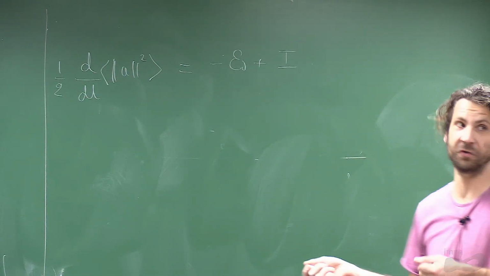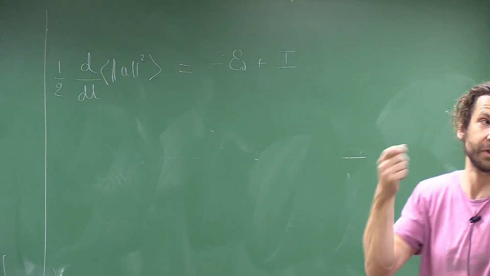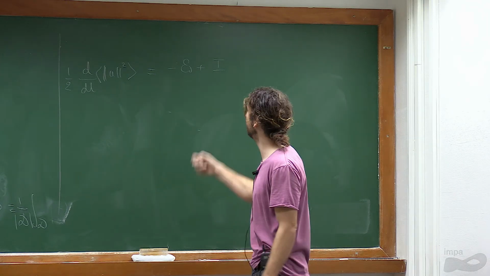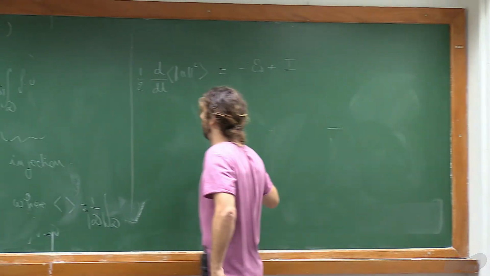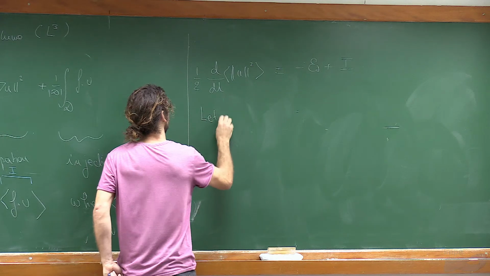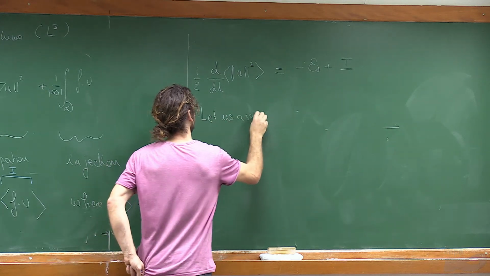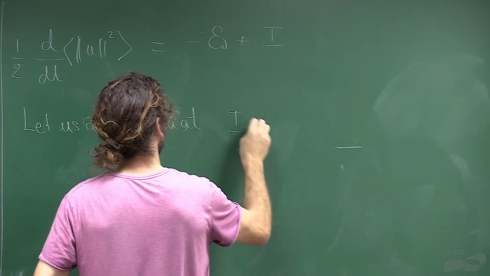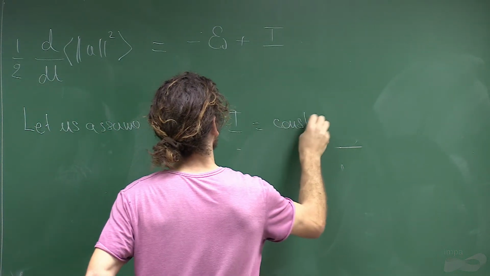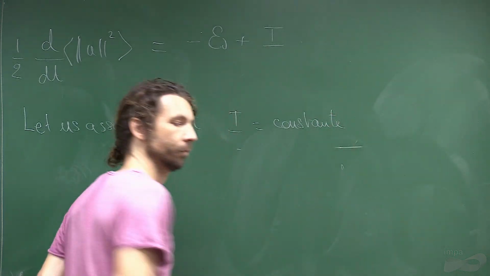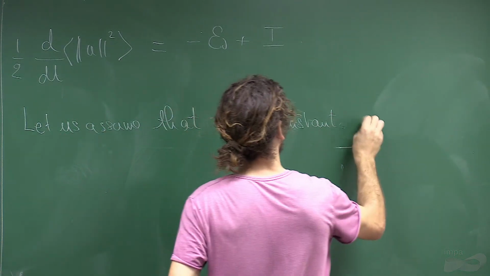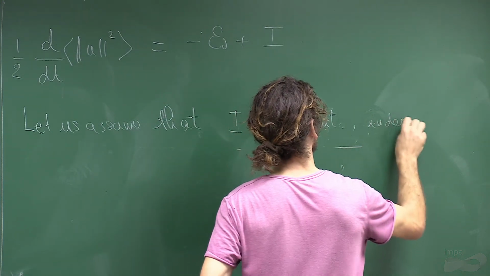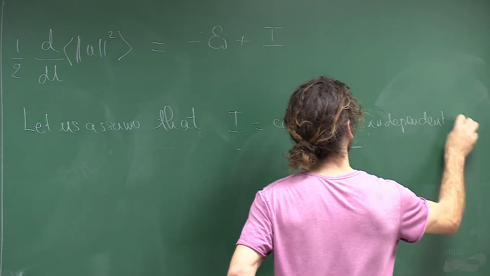With a constant forcing, it's not obvious how you can do it. But if you think of forcing with a random term, like an Ito term, then this term we can really control. So let us assume that I is constant, independent of nu.